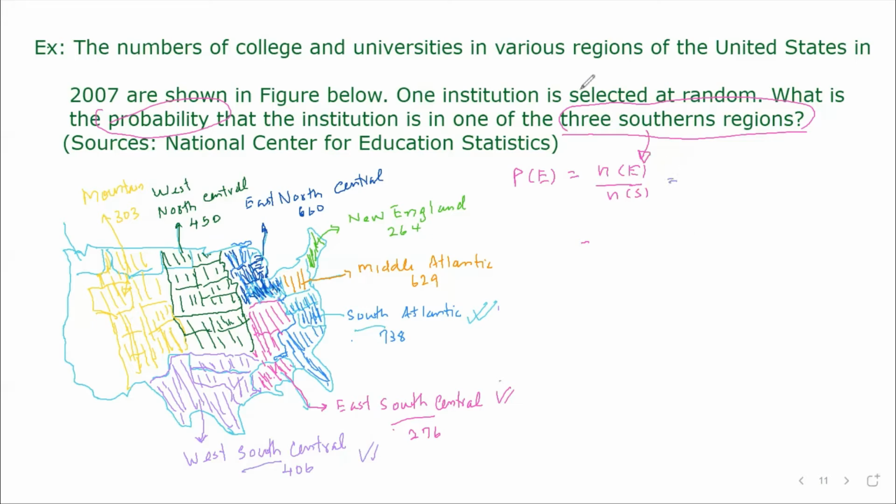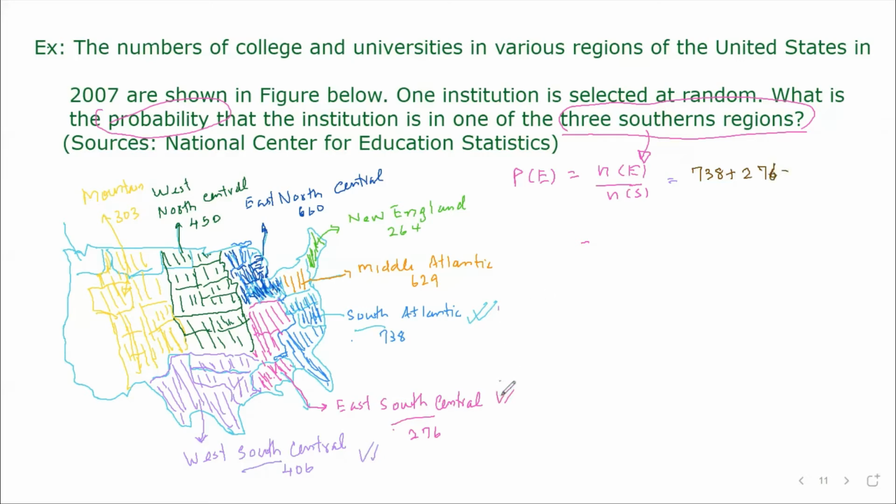So we can write down the result of this one. E is the number of events, okay? What we have: the blue one, 738 plus 276.